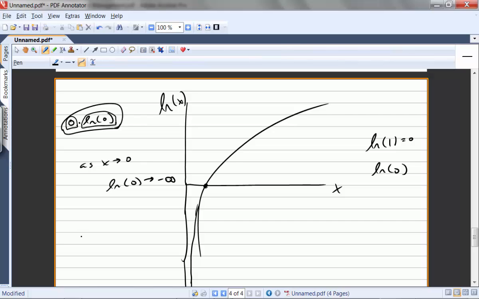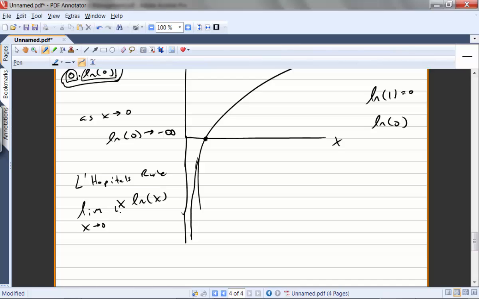So you can use something called L'Hopital's rule from calculus to figure out what this limit is. In other words, we want to find the limit as x approaches 0 of x times log x. You can use L'Hopital's rule, and what you'll find is, indeed, x approaches 0 faster than the natural logarithm of x approaches negative infinity.